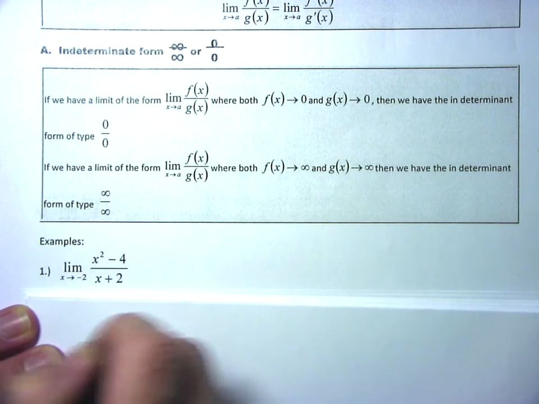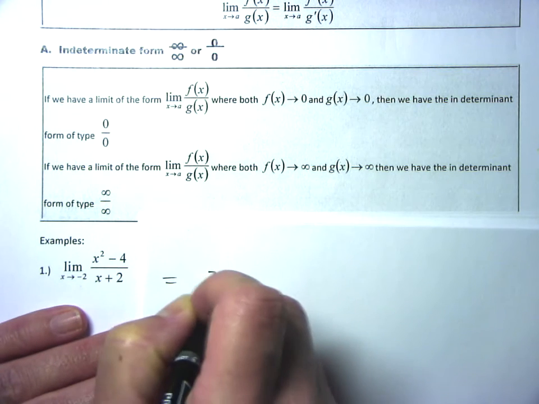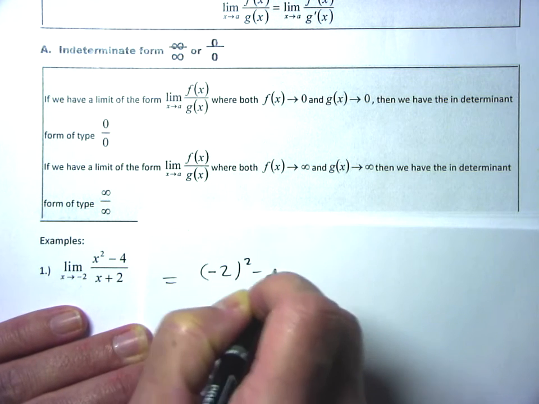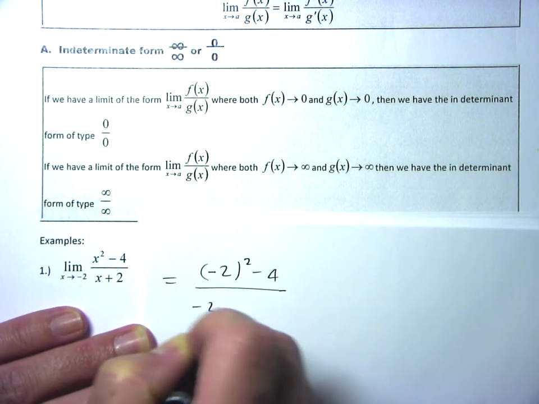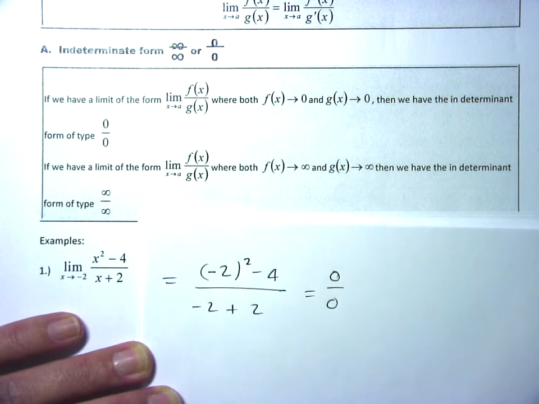If you plug -2 in, this would have been equal to negative 2 squared minus 4 divided by negative 2 plus 2, which is equal to 0 over 0, right?